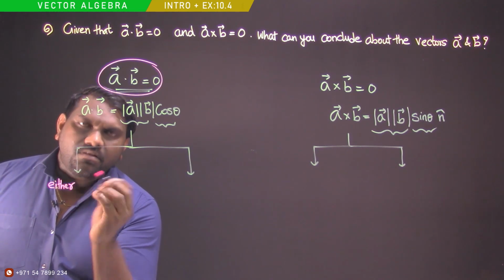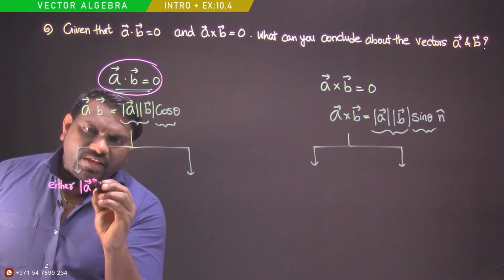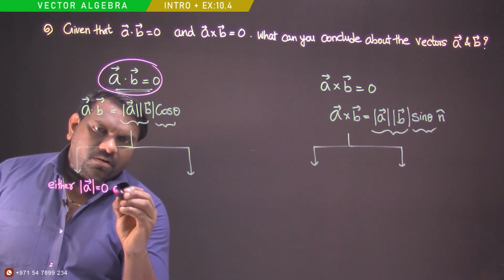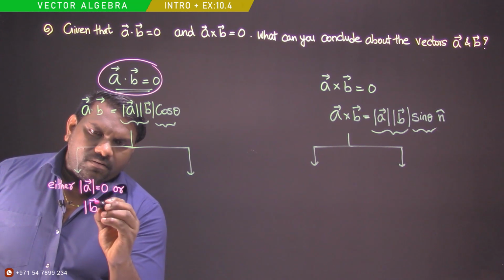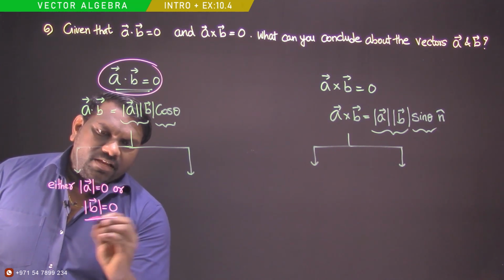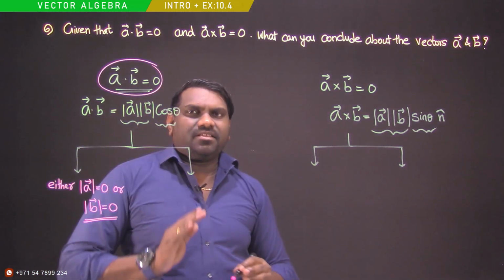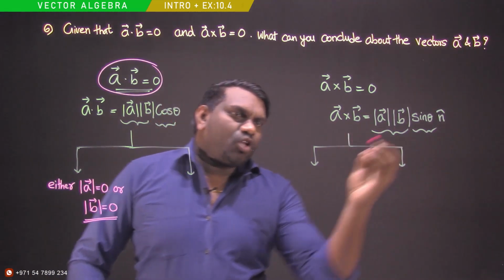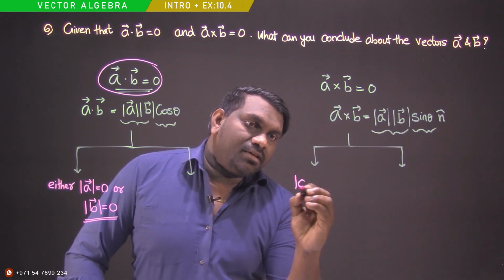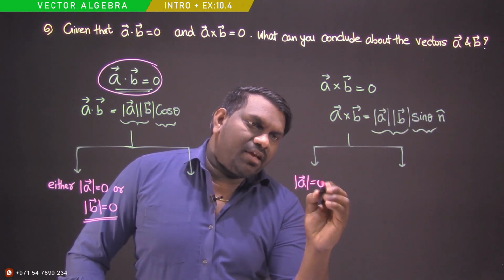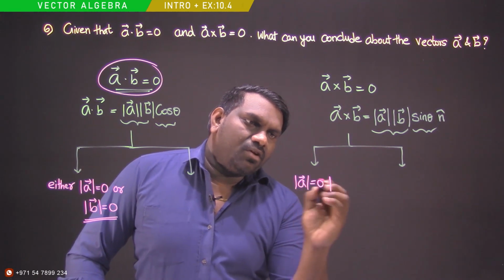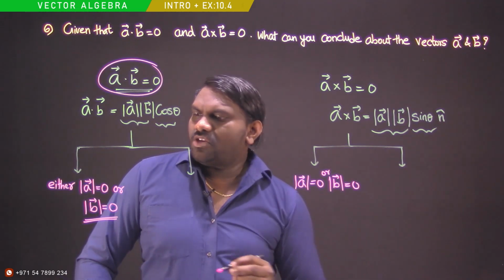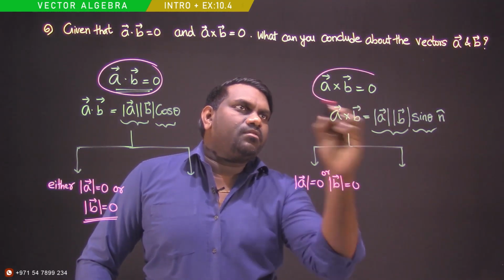Either modulus of A, the magnitude of A, should be 0, or mod B is equal to 0. This is the condition for the dot product, and the cross product also says the same. If modulus of A is 0, or mod of B is equal to 0, then this one is 0.